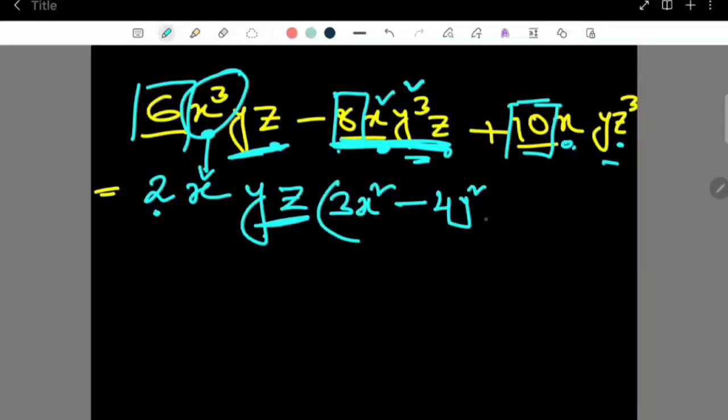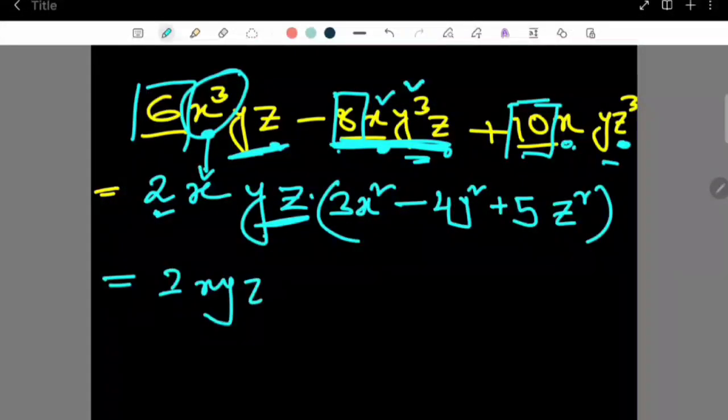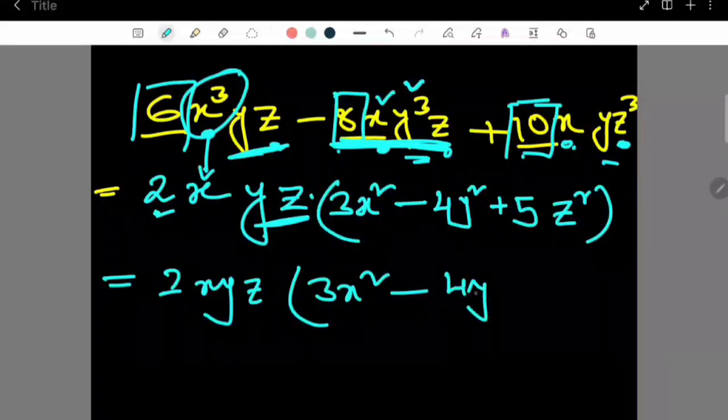From the third term, 2 5s are 10, x taken, y taken, z cube, 1 z taken, so z square. So finally we got 2xyz times (3x square minus 4y square plus 5z square).